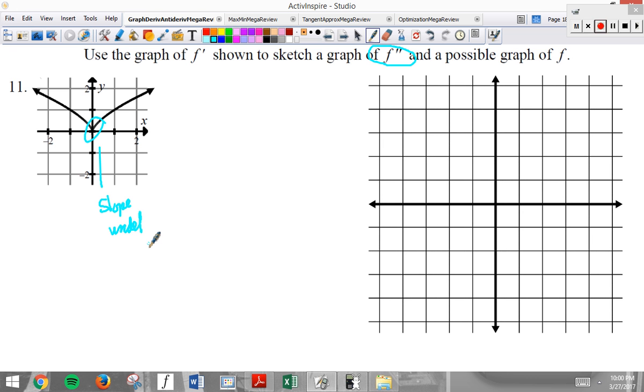Okay, now what kind of undefined is that? To me, that kind of looks like a vertical tangent. This looks like the graph of x to the 2/3, which does have a vertical tangent right there.